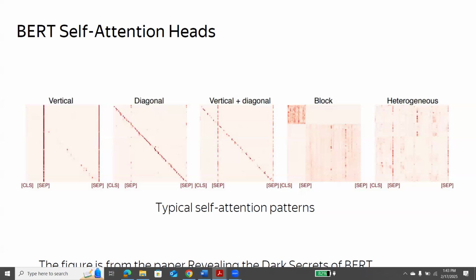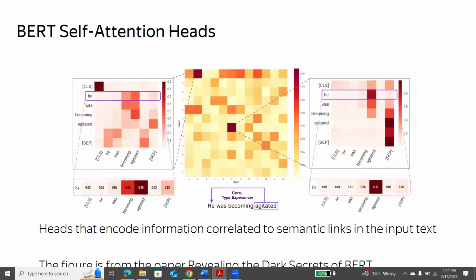And some are less informative for us, but maybe informative if you look closer at these attention maps.